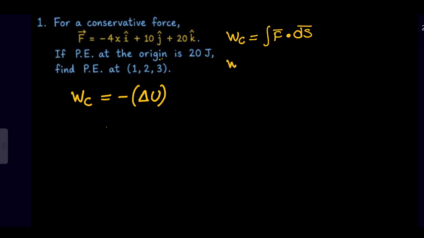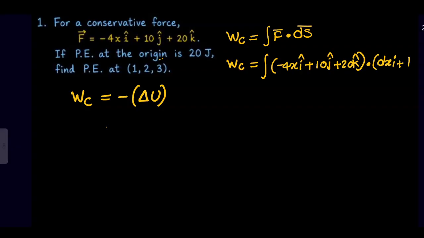So the work done is the integral of (minus 4x i cap plus 10 j cap plus 20 k cap) dot with ds, where we write the x variation, y variation, and z variation.